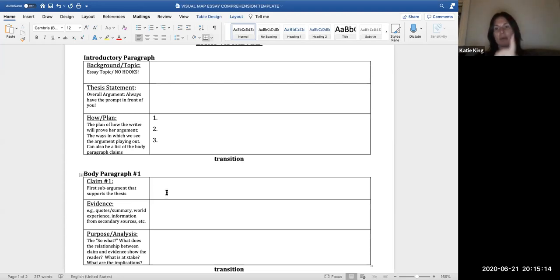It's that first sub-argument that harkens back to your thesis statement, right? This harkens back to this. It's a more detailed expression of what you're saying overall here. Then you have evidence, right? Either in the form of text quotes, outside evidence in the sources you researched, data, statistics, etc., right?